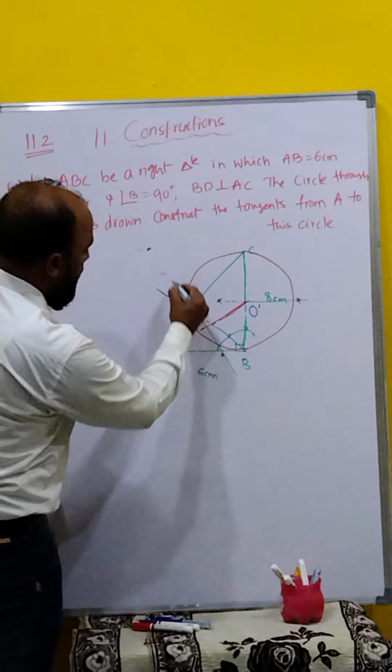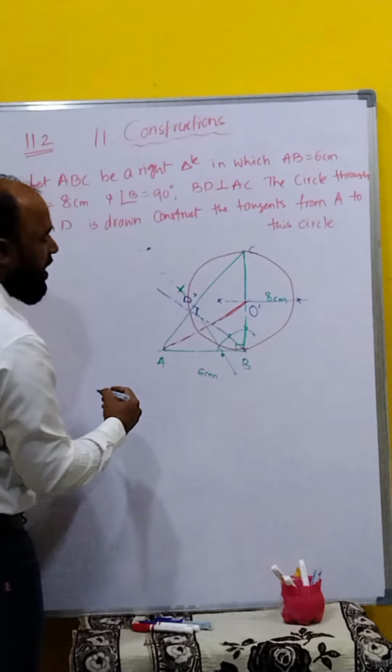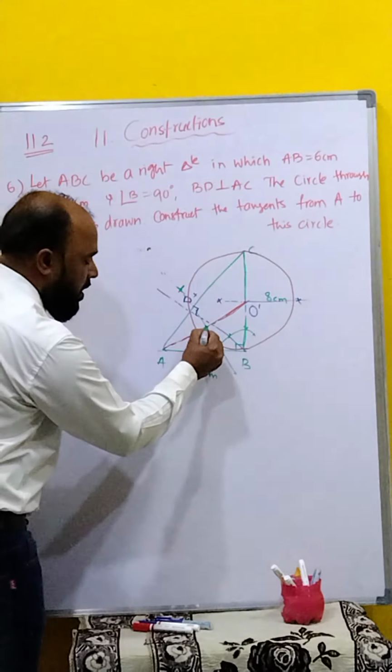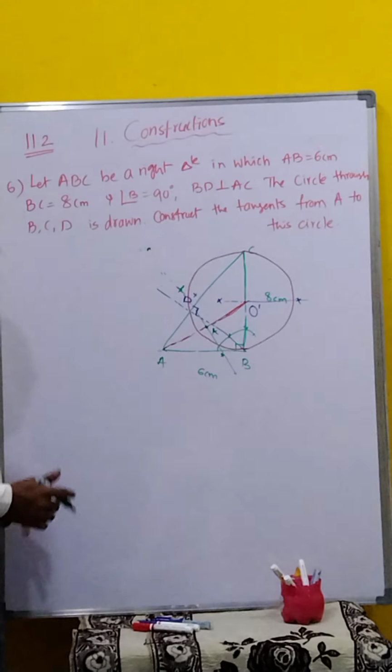This perpendicular bisector and the line O dash A are intersecting at some point. Select it as K, or whatever you want.